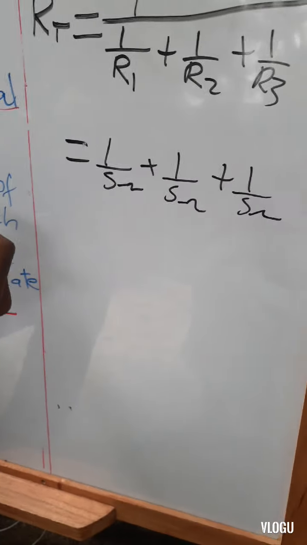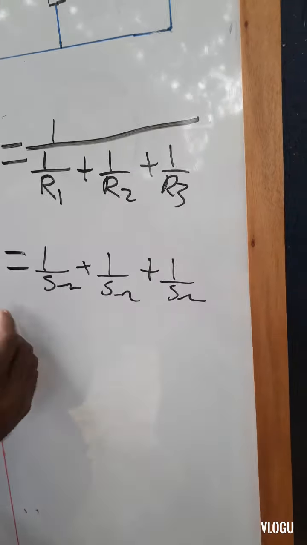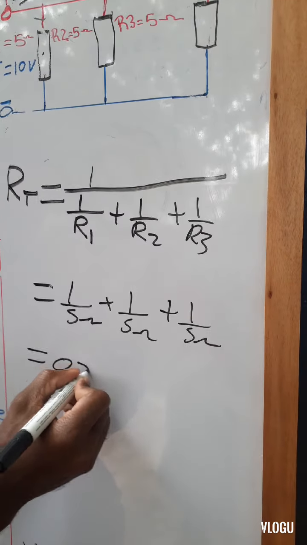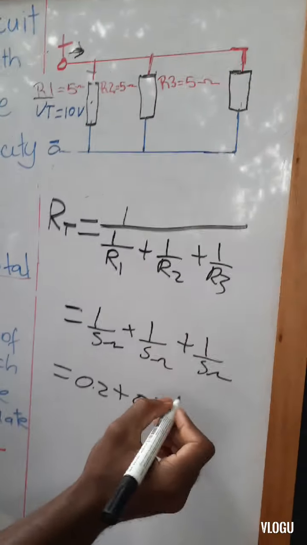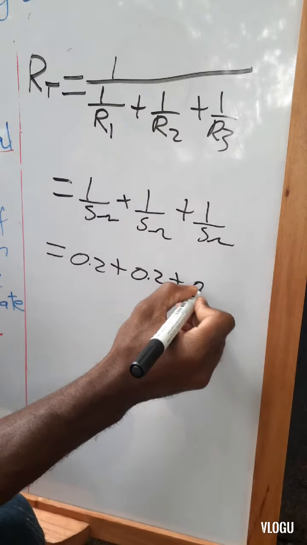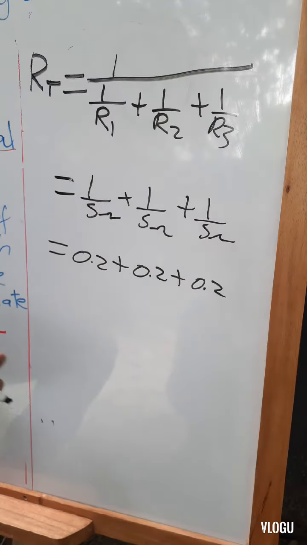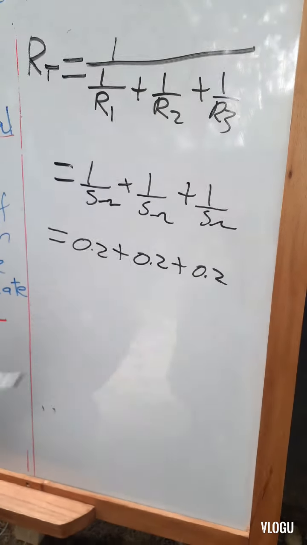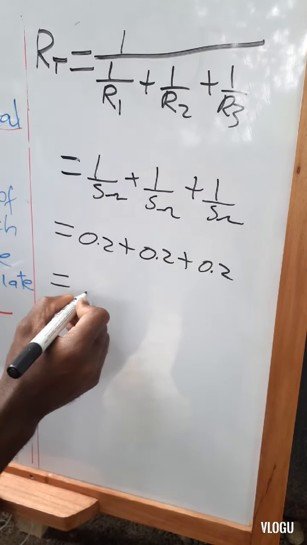When you do that on your calculator, you will get 0.2 plus 0.2 plus 0.2 again. Now we add these together, and you get a value of 0.6.